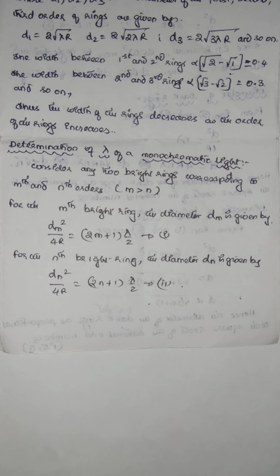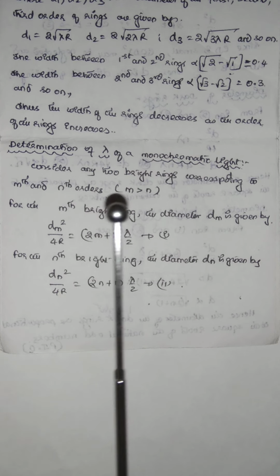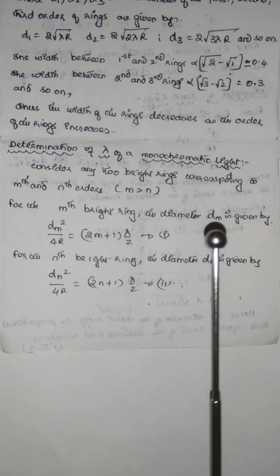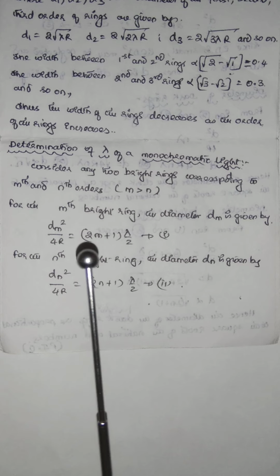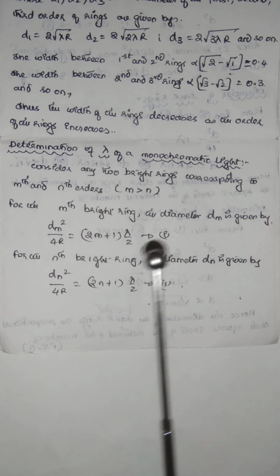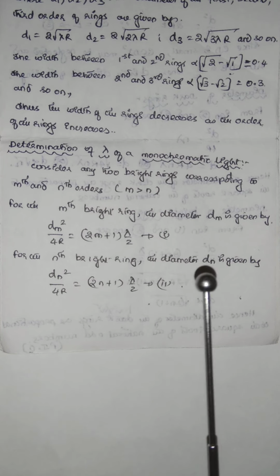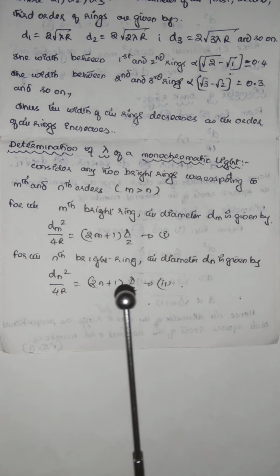Consider any two bright rings corresponding to mth and nth orders. Then for the mth bright fringe, the diameter is dm, given by dm square by 4r is equal to 2m plus 1 lambda by 2. For the nth bright fringe, the diameter is dn, given by dn square by 4r is equal to 2n plus 1 lambda by 2.